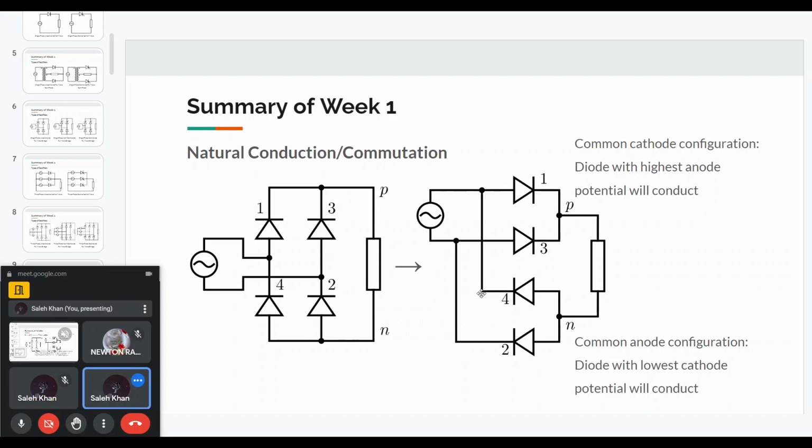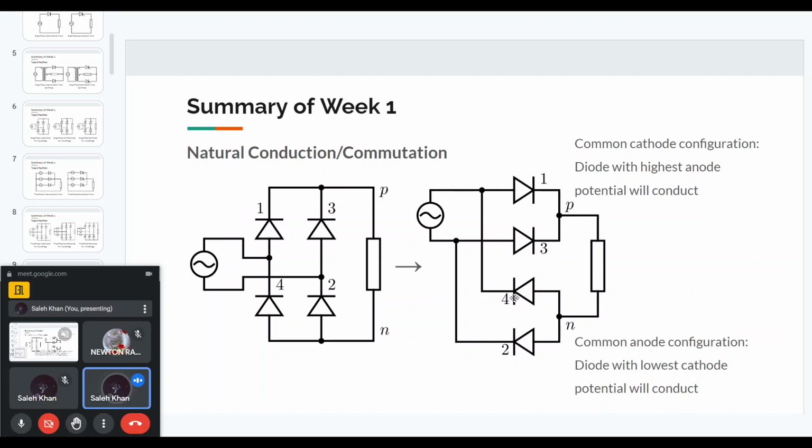So if 4 is at lower potential compared to 2, then 4 will conduct. That is why in the positive half cycle, because the positive point is higher than the negative point, 1 will conduct and 2 will conduct, because 2 is connected to the lower point. Similarly, you can understand for the negative portion. So the principle is basically, for the common cathode connection, you see which diode has the highest potential at the anode.